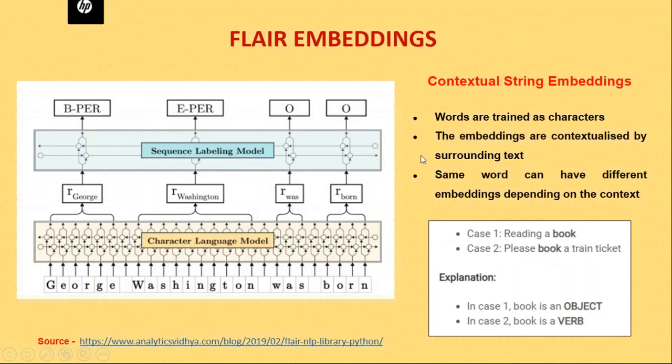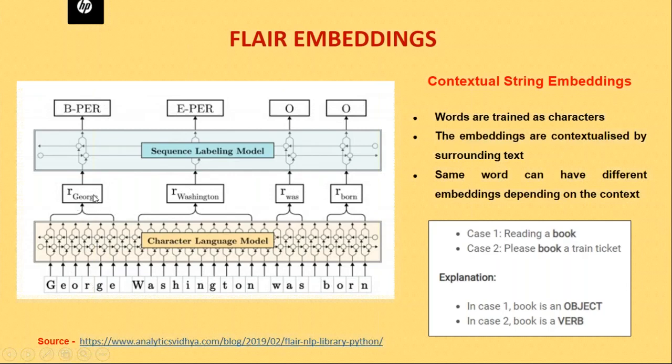How this is being done is that each and every word is trained as characters. So here in this figure you can see "George Washington was born." Each and every word is fed into the forward as well as the backward LSTM in order to get the input word representation for the word George. So for every word, you are dealing with the character level embeddings.